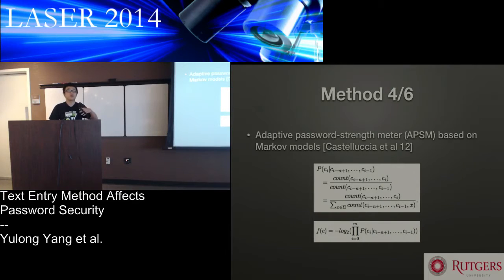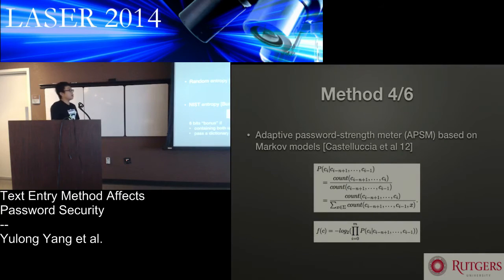So if you want to know the probability of the 4-gram PASS, you sum up the occurrences of PASA, PASB until PASZ, and also PAS0 until PAS9, and also the symbols. Then you use the count of PASS divided by the total occurrences. Then you multiply the probabilities of all the 4-grams in one particular password, and use the log function to get the score.